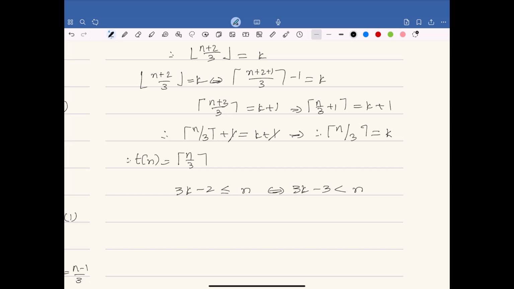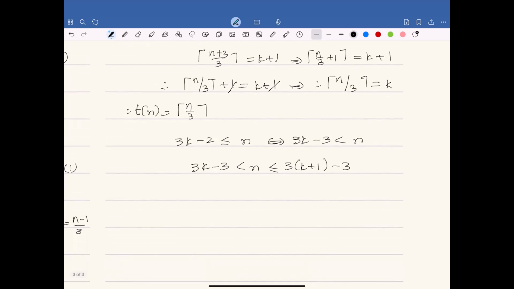So we will continue. We will say that 3k minus 3 less than n less than or equal to the next value of k, which is k plus 1, minus 3. Take 3 common, so k minus 1 less than n. And in here, in fact, what do we have? 3k plus 3 minus 3, so it will be equal to 3k.